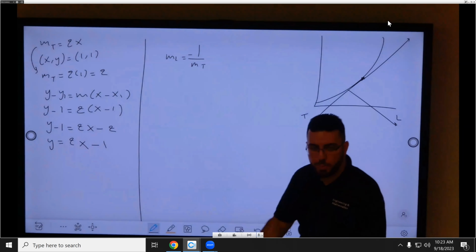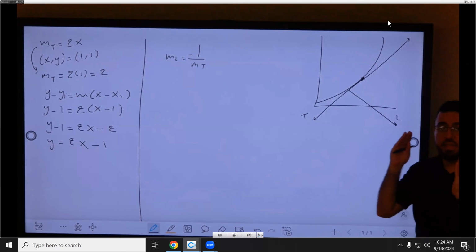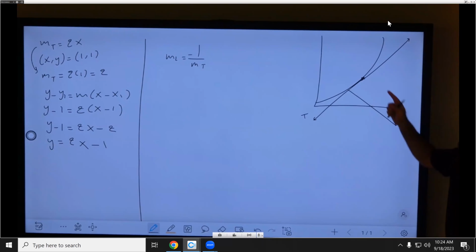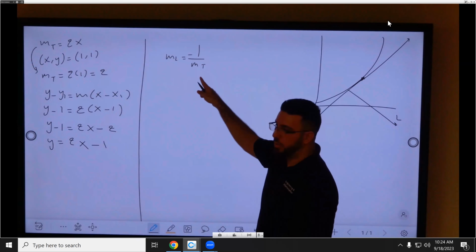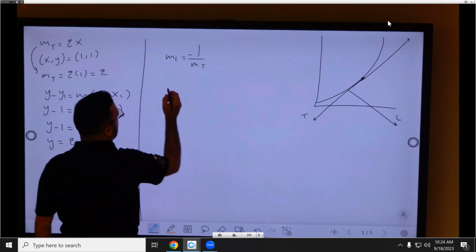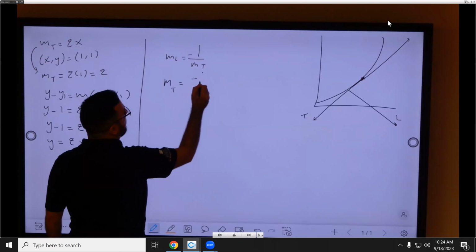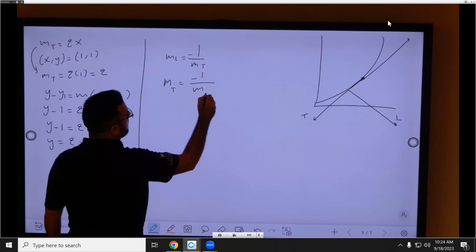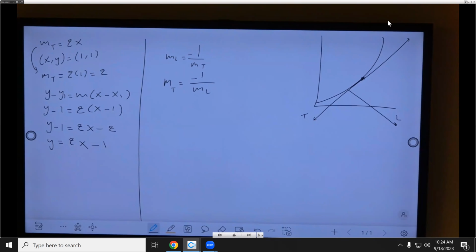If there are two parallel lines, the slope is going to be equal. If there are perpendicular lines, the slope for the line is -1 over the slope for the tangent line. Or you can do the opposite: the slope of the tangent line is -1 over the slope of the line. Both are going to be right. Okay?